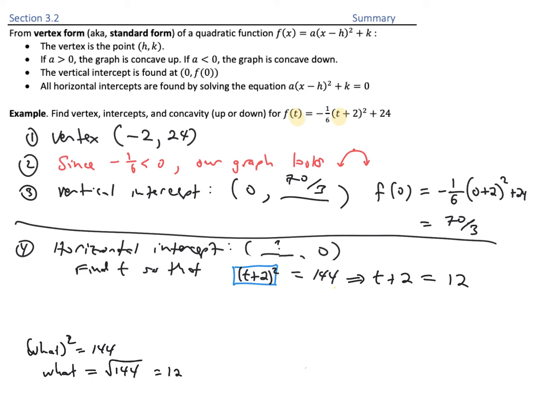Now, your calculator is pretty smart, but it's not that smart. All of those buttons on your calculator are functions, and so they are, by their nature, only going to give you one answer to any question. But in fact, there are two numbers that we could have squared to get 144. Our calculator just gives us one of them. But that's okay, because as human beings, we can think about it and we know what the other one has to be.